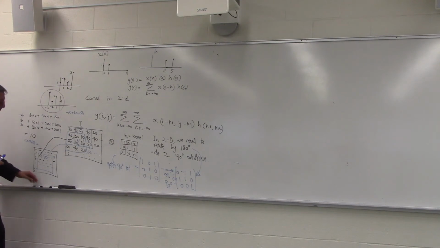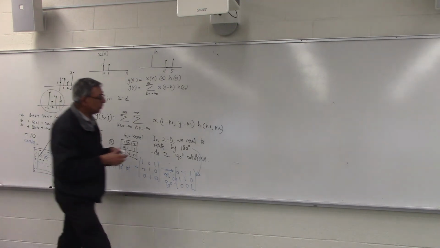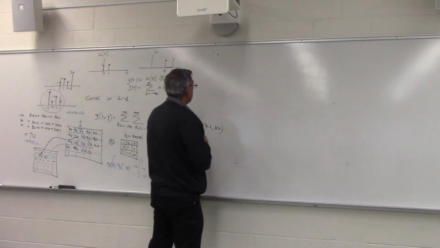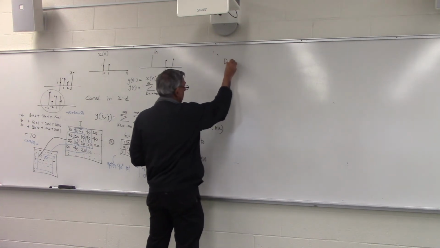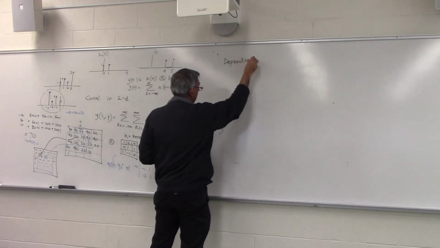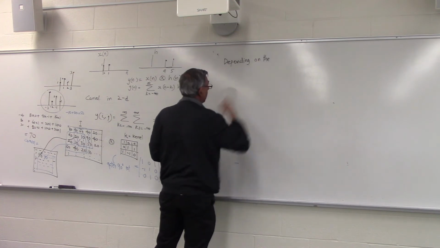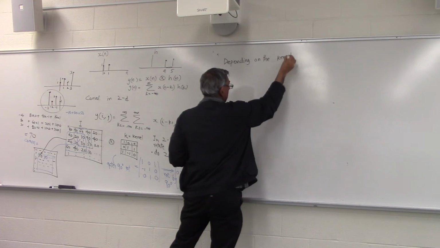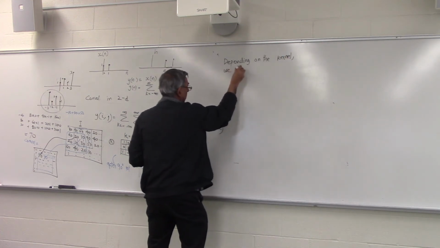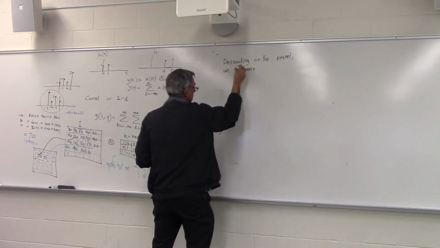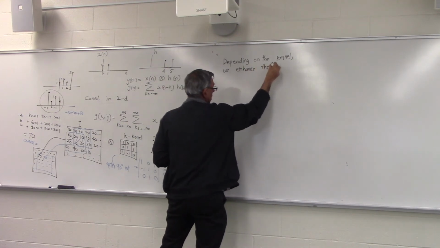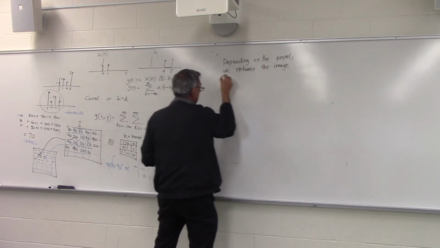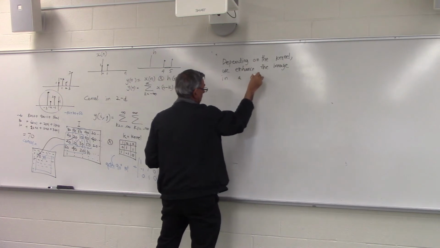Now the next related question is, why are we doing this? Okay, what benefit does it give us? Okay, so depending on the kernel, we enhance the image in a certain way.